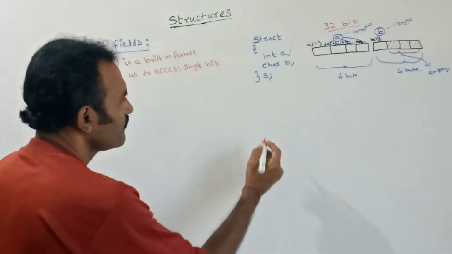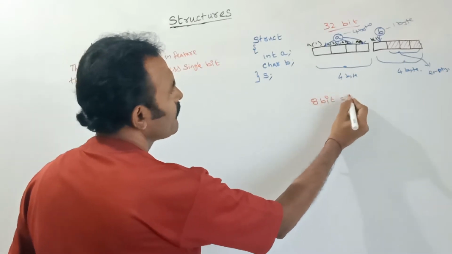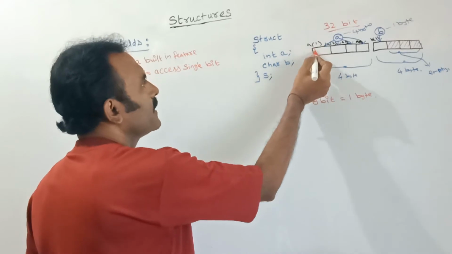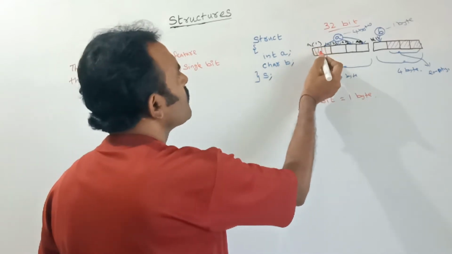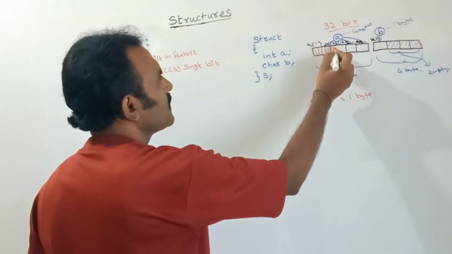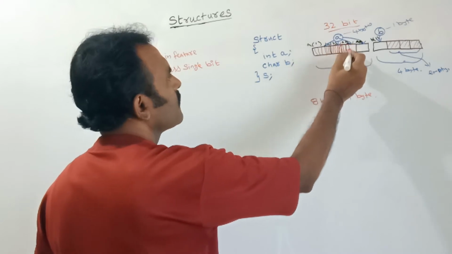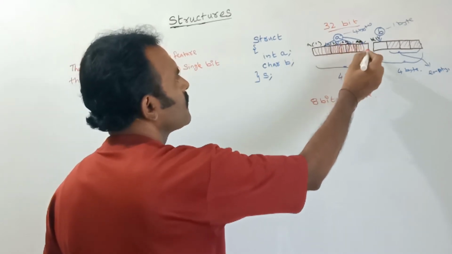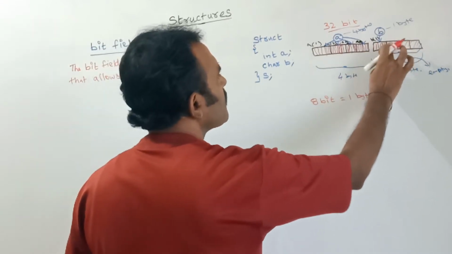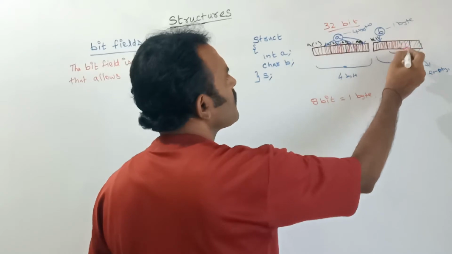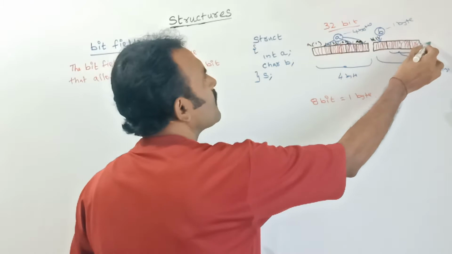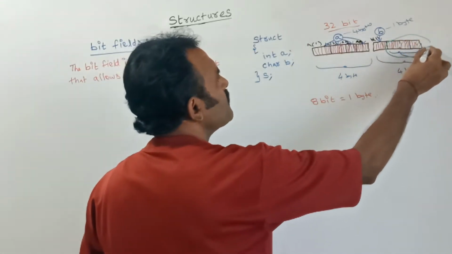Here each and every byte contains totally 8 bits. For these 8 bits, some are empty bits.